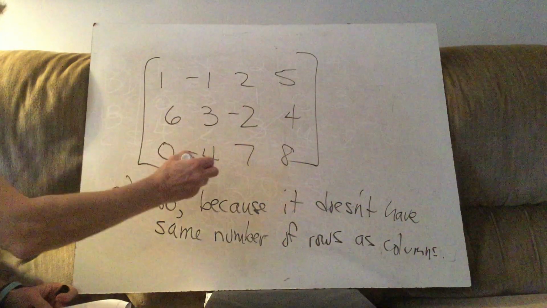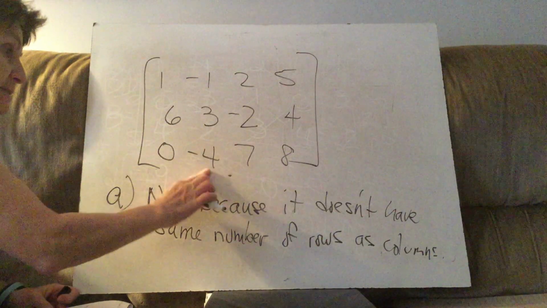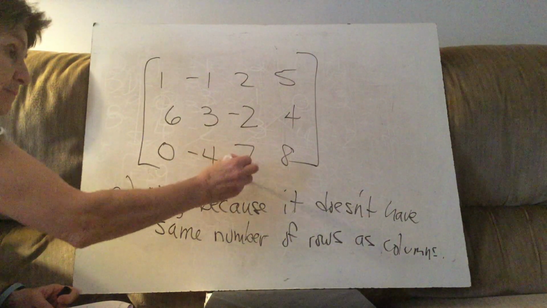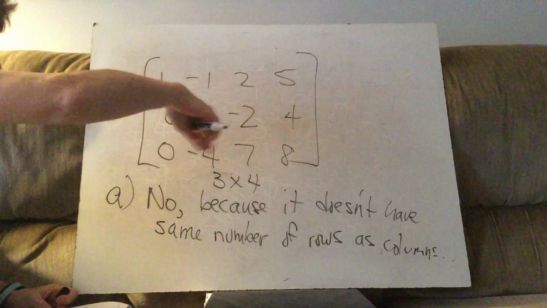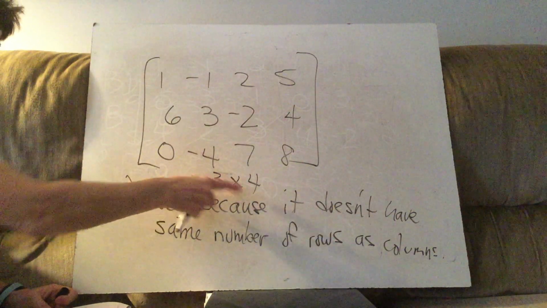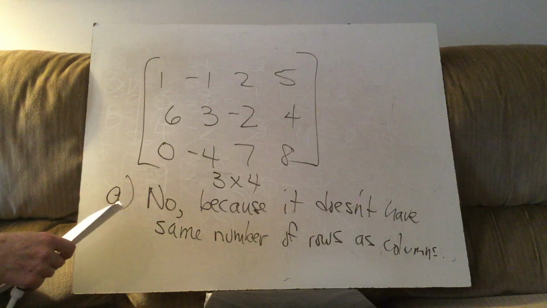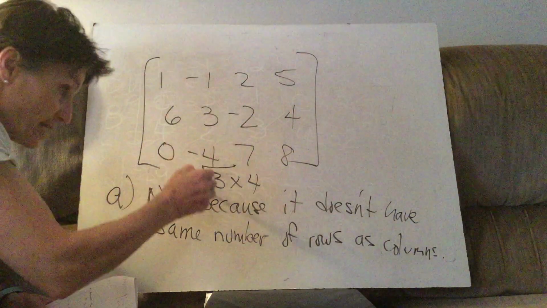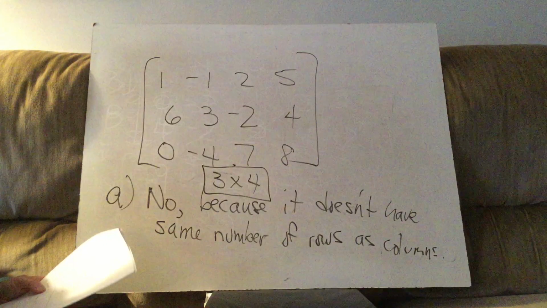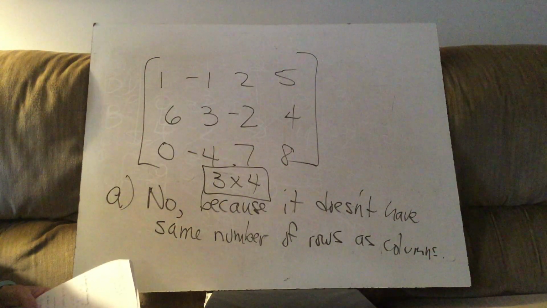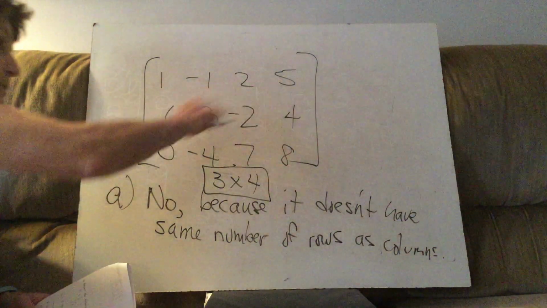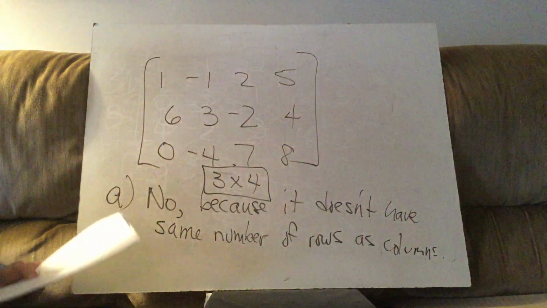This matrix is a 3 by 4. 3 rows, 4 columns. If you're square, these two numbers match. Oh, by the way, this is the answer to C, because C says, what are the dimensions of B? 3 by 4. 3 rows, 4 columns.